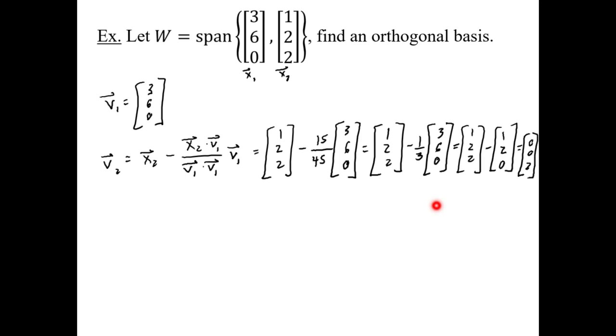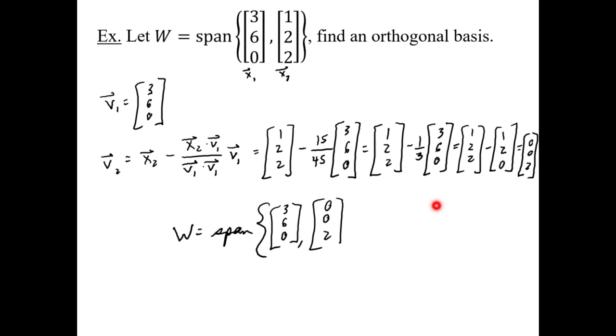Okay, so W could also be written as the span of these two vectors, 3, 6, 0 and 0, 0, 2. And if you were to do the dot product, certainly these two vectors, the dot product would be 0, whereas the original basis, the dot product was not 0. Okay, so there's my orthogonal basis.